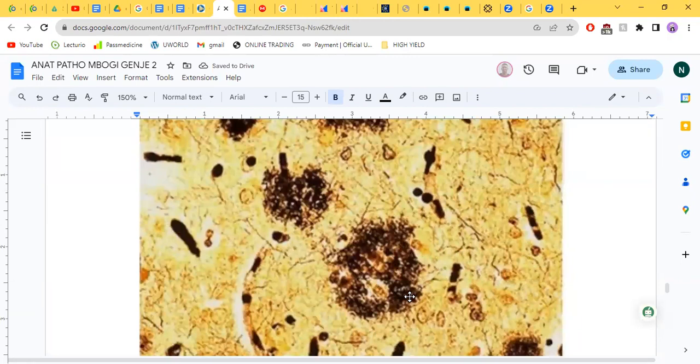What was the question for this? What is the diagnosis? So the diagnosis, I'm sure you've already seen it. So it's Alzheimer's. What are some of the characteristics that will guide us to say this is Alzheimer's? What can you see in the picture?